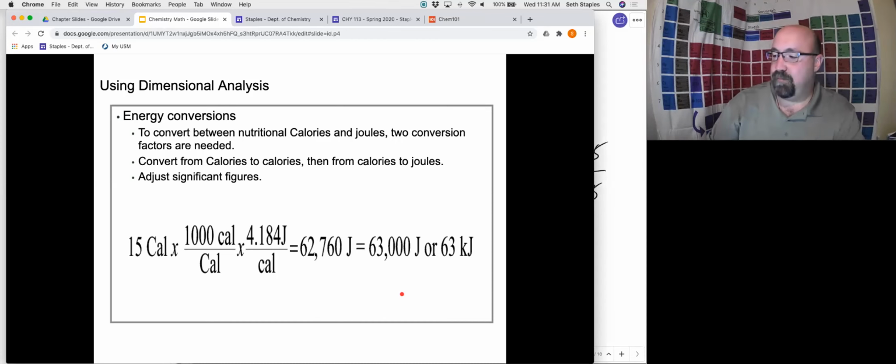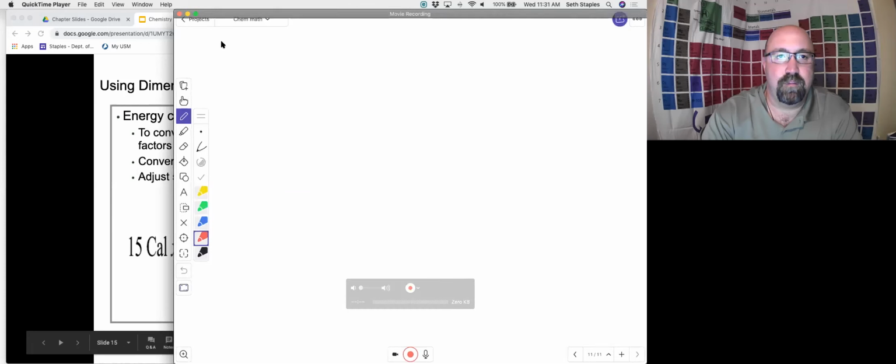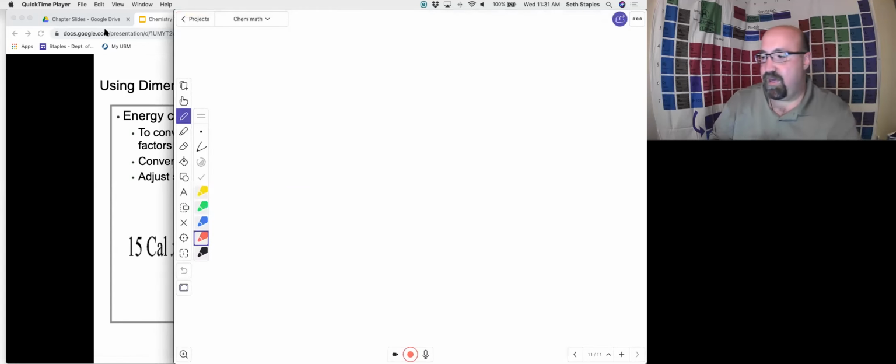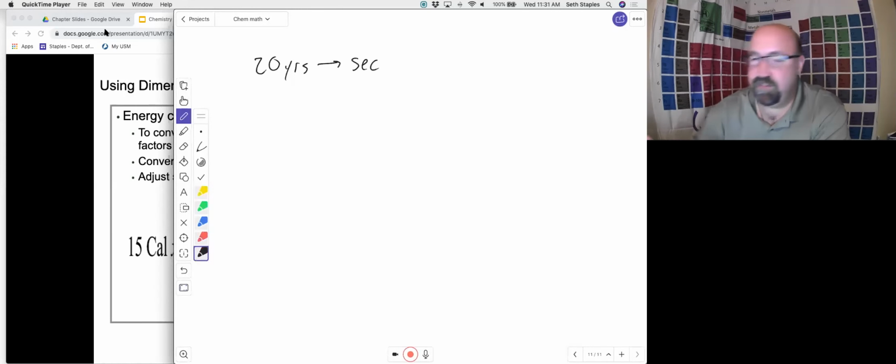Instead of looking at this example with energy, let's look at an example that we're probably all somewhat familiar with. Let's say that we want to know the number of seconds in 20 years. We have 20 years, and we're going to convert that over to seconds. For simplicity, we're not going to worry about leap years in this calculation.